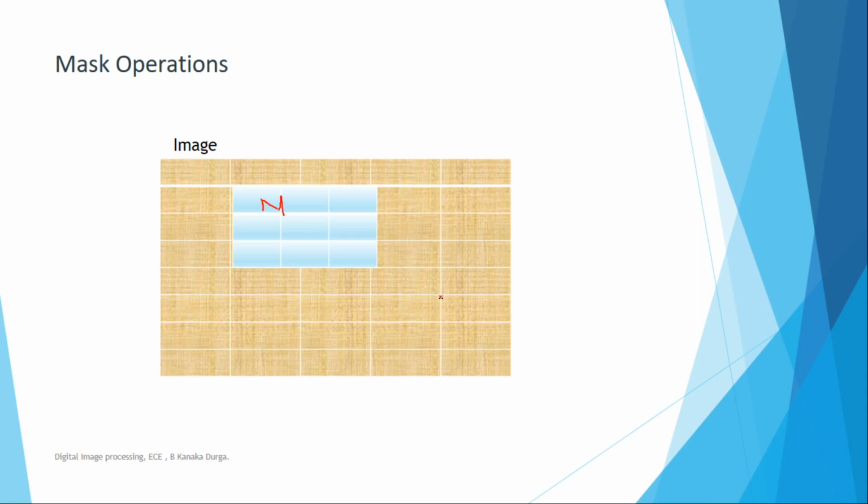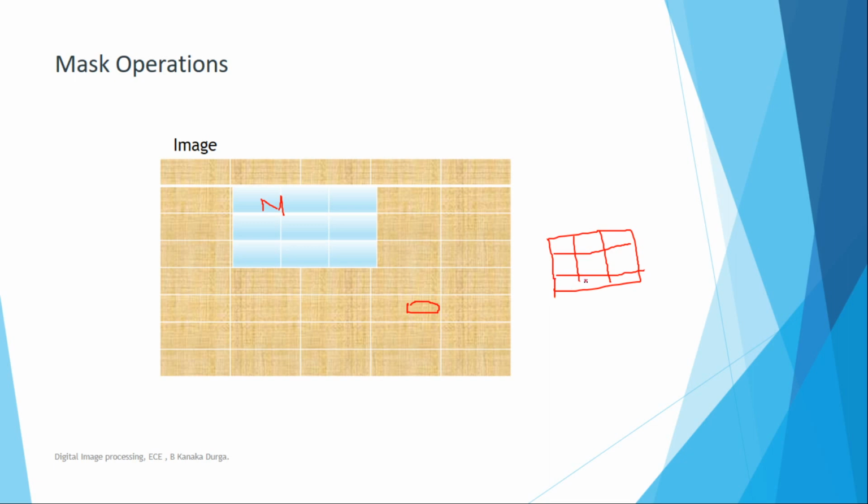Suppose I want to do the enhancement process with respect to a pixel. I am assuming another location here. Okay, this is a pixel. I want to apply an image enhancement technique. So first I have to consider a separate mask, with a size of 3 by 3.